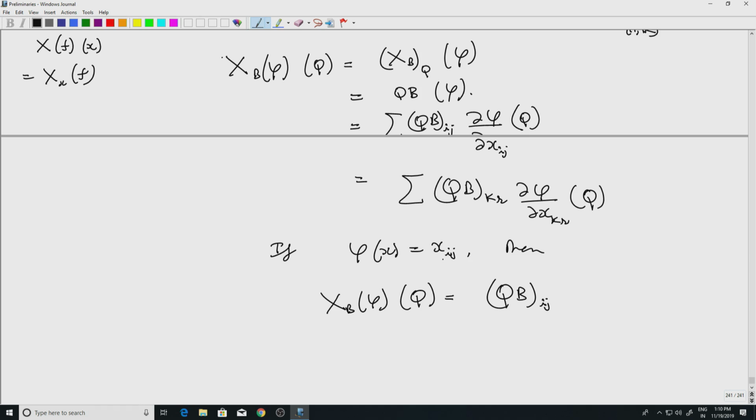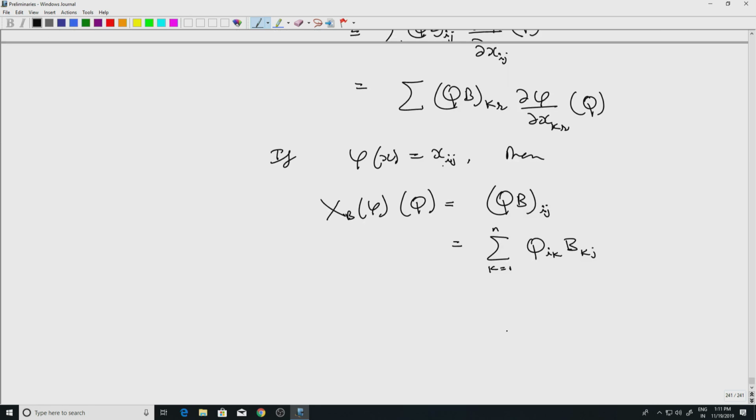Using the definition of the matrix product, I can write this as the sum over k equal to 1 to n of Qik Bkj.